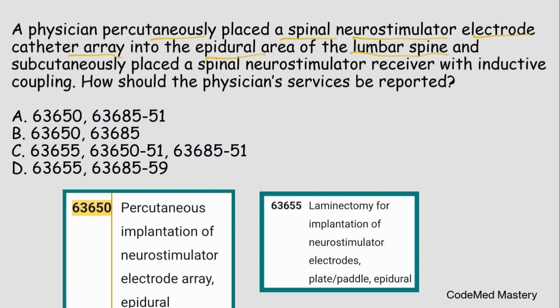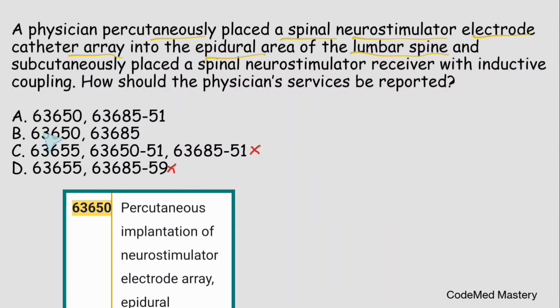So it is matching with the code 63650, that is percutaneous implantation of neurostimulator electrode array, epidural. Therefore, we have to use the code 63650. We'll eliminate the options which have the code 63655, that is option C and option D.